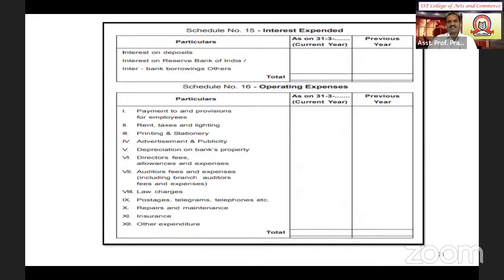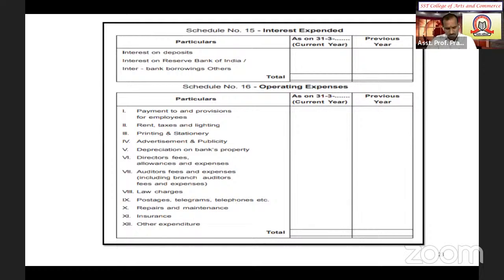Means a 15 marks balance sheet question they will ask, or a profit and loss account for 15 marks. So you must practice. See, practice makes perfect, my dear students. Without practice, we can't write accounts. So if you want to do accounts, you have to practice, right?